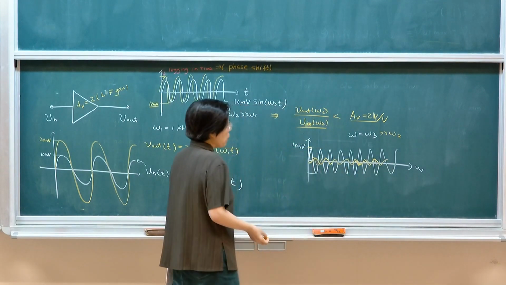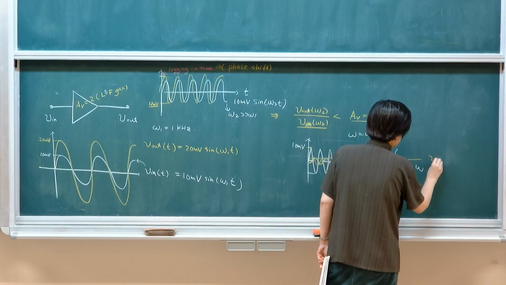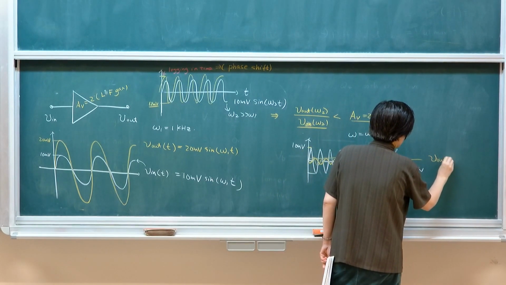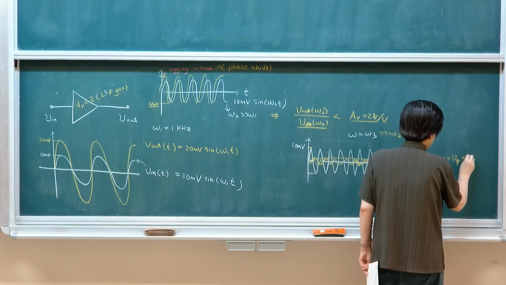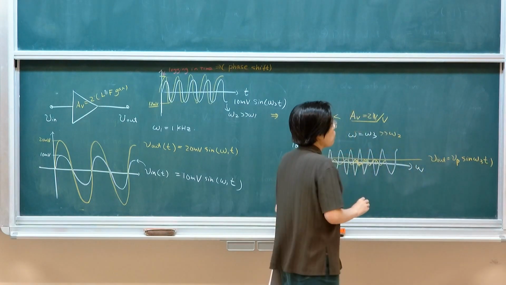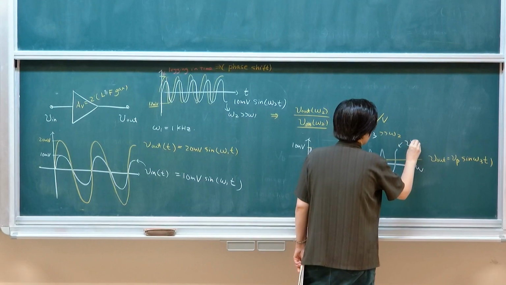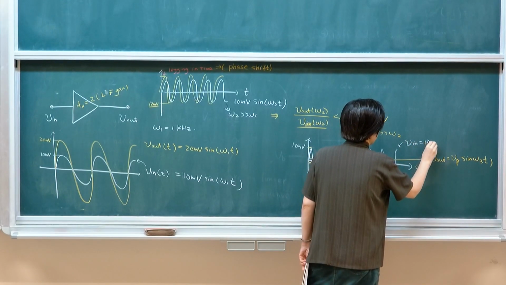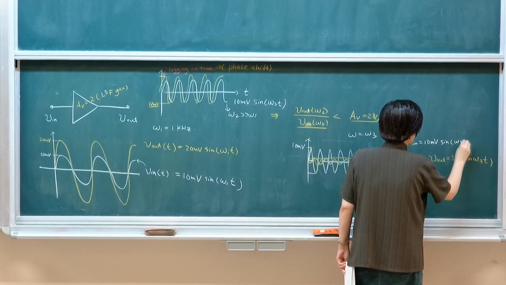So it will remain the same frequency, but its magnitude, the signal VL, will be Vp sine omega 3t. The frequency will still remain the same. Let's say this is my input Vin, still 10 millivolts sine omega 3t.